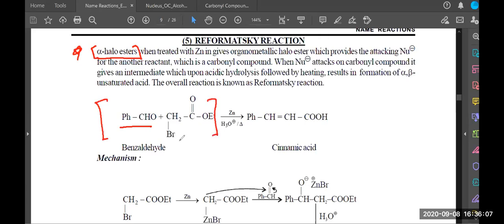Because again, by seeing, you must have gotten the idea what will happen. How many of you got the idea of what will happen? Just raise your hand. By seeing the reagent is Zn, right? If you remember alkene, RBr, Zn, then you can relate what the work of Zn is.